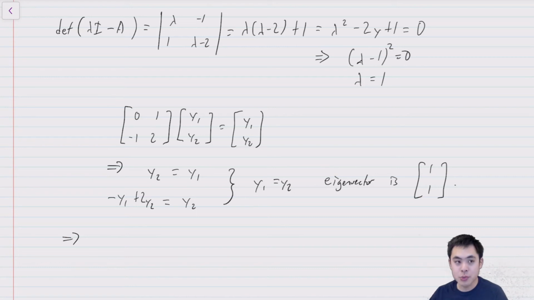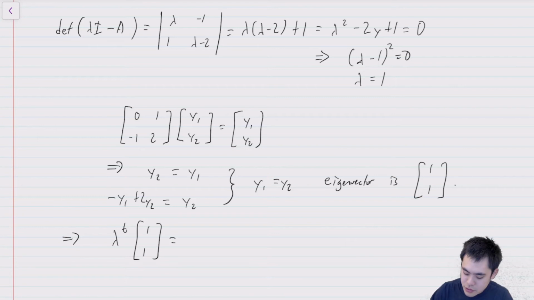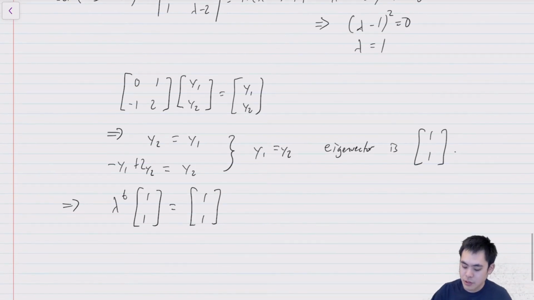But lambda here is 1, so one of our solutions to our homogeneous equation is going to be lambda to the t times 1, 1, which is just equal to 1, 1. Okay, so that's one solution.